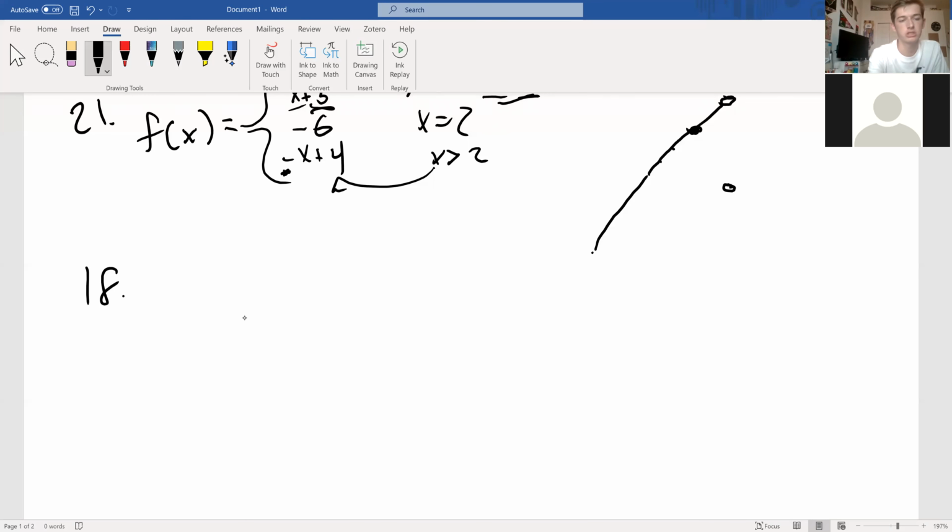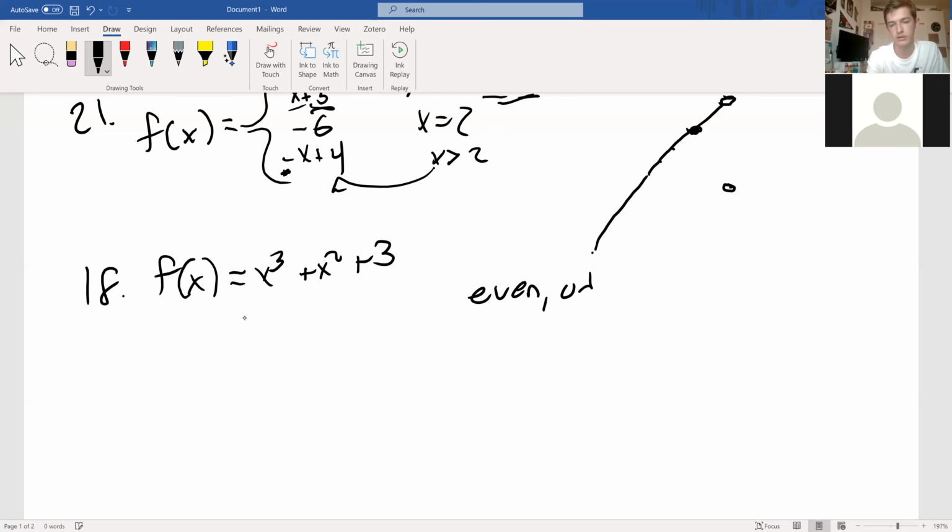It gives you a function equals x to the third plus x squared plus 3. And it's asking if it's even, odd, or neither.